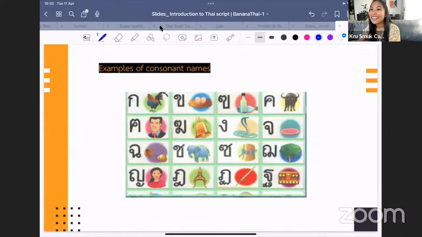It is because my parents also learned the same way, and this is from a textbook from, let's say, 20, 30, 40 years ago, and we never changed the names of the consonants. So that's just an example. See กอไก่, ขอไข่, right? ขอไข่ or คอควาย.